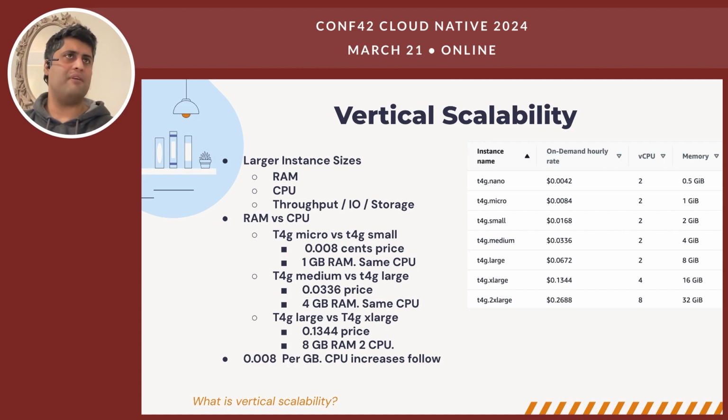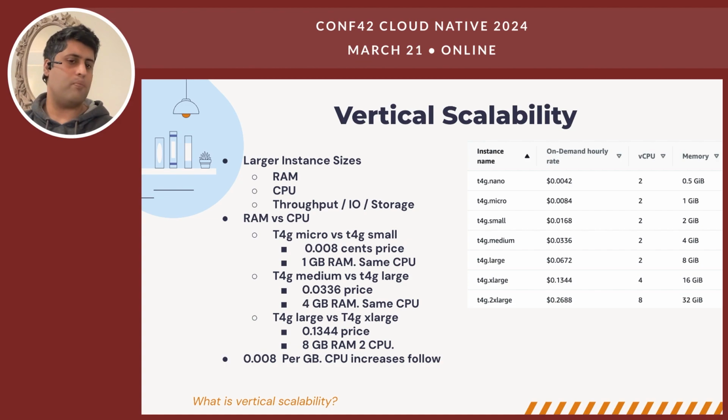For this, I've collected all the on-demand prices for the T4 instance on EC2. As you can see, if you have a micro instance that has 1 gigabyte RAM, it costs you 0.0084 cents per hour. It has two virtual CPUs. If you go from 1 gigabyte to 2 gigabytes, it takes 0.008 extra cents.